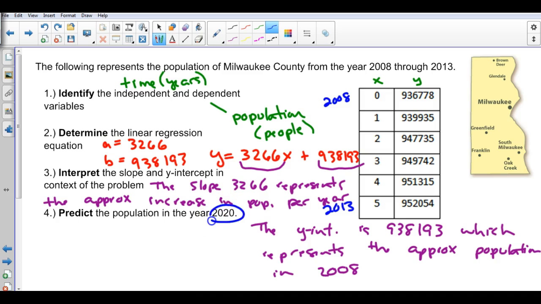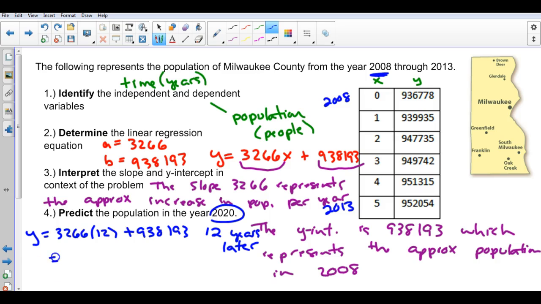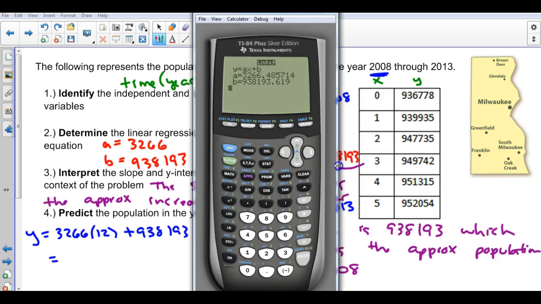The year 2020 is how many years past 2008? So 2020 minus 2008 means that this is 12 years later. So we're going to use a value of 12 to substitute in for x. So y equals 3266 times 12 plus 938,193. So I'm going to go ahead and throw that number into my calculator.